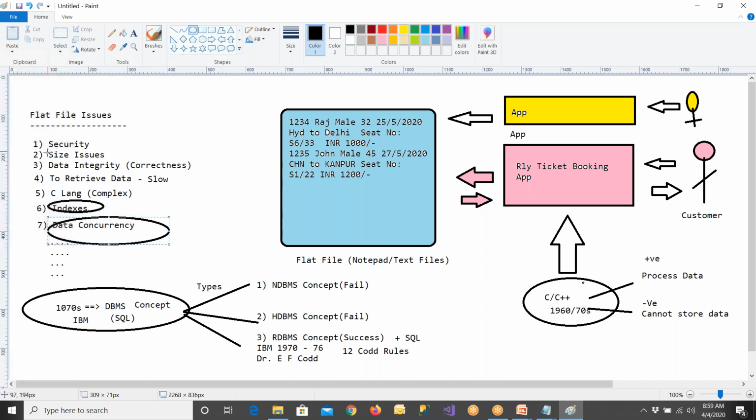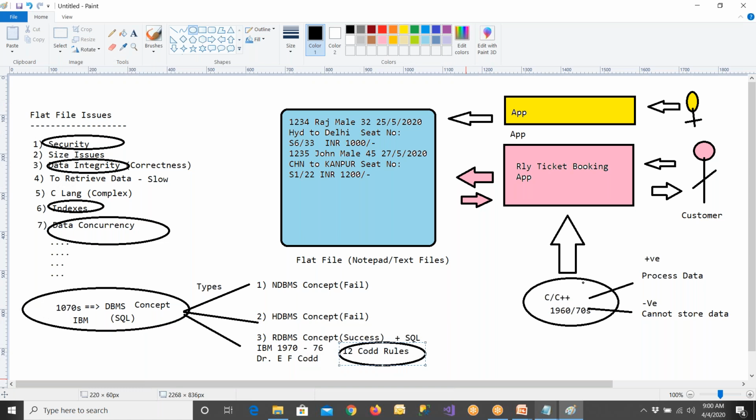It should have data integrity checks, that means whenever you store the data, make sure you are storing proper data and not wrong data. Proper security has to be implemented, and sizing issues should not be there. So all these make up the 12 Codd rules.